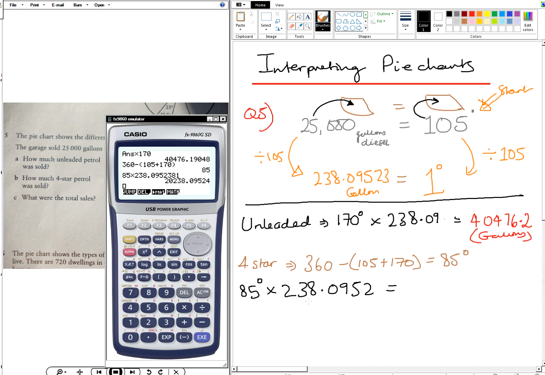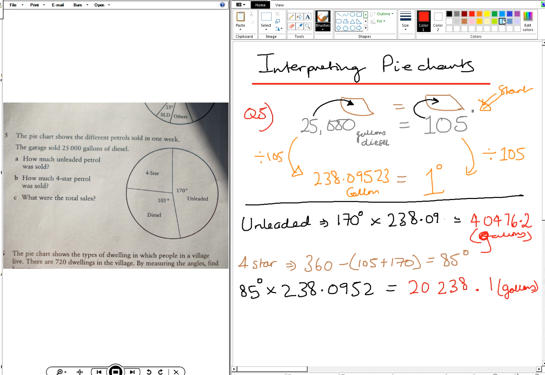What's your answer? 20238.1 to 1 decimal place. Okay, lovely. Good.